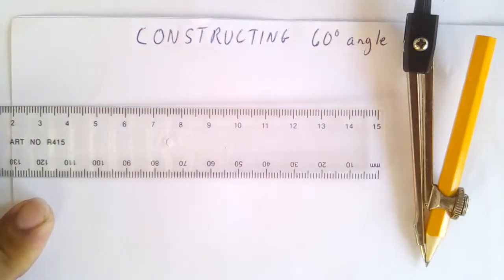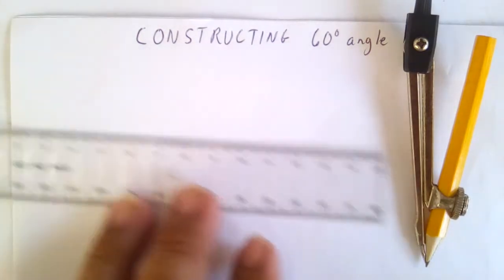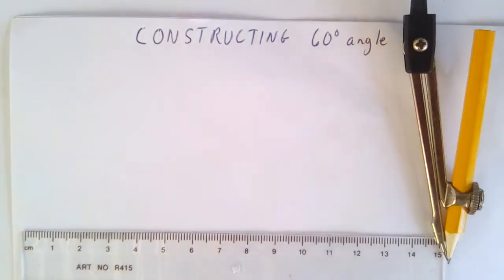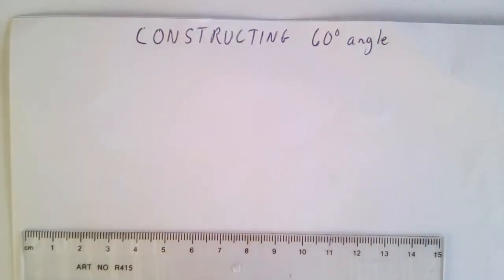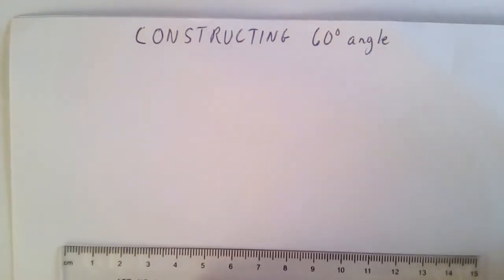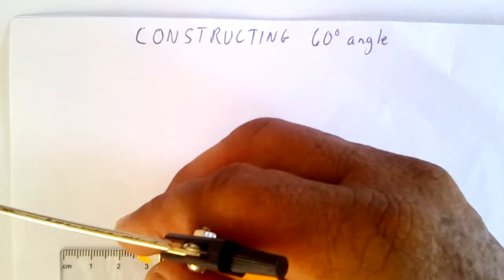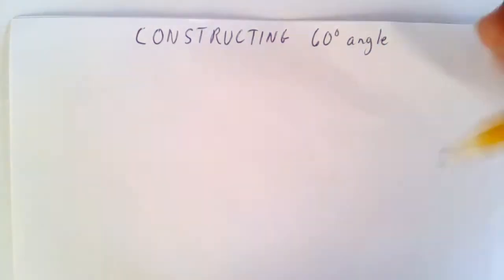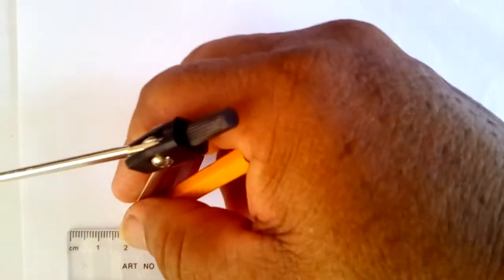Now let's start. First of all, you're going to start by drawing a straight line. So I'm going to use my pencil. I'm going to make this to any desired length. Let me put it more down here, and I measure from here up to this point.